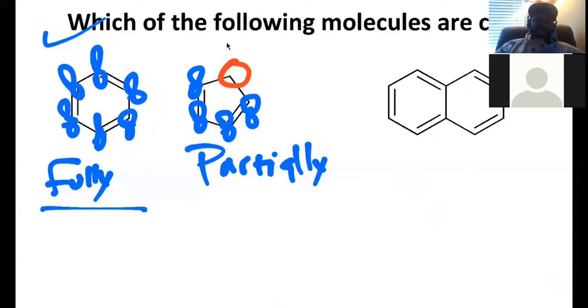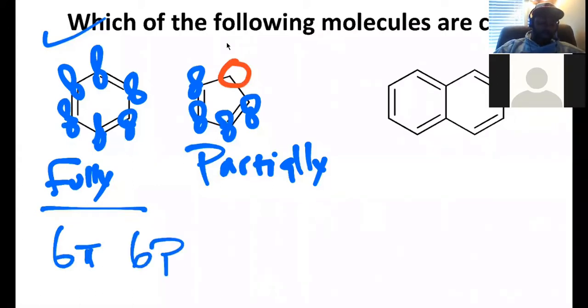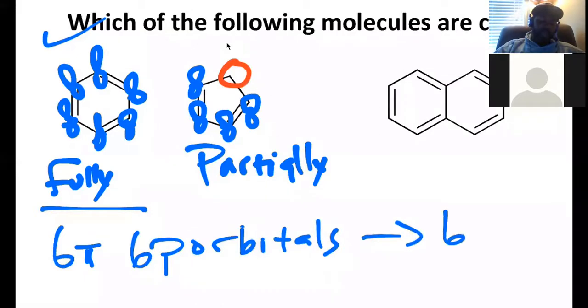No, it'll be 6 pi. It's a 6 pi system. You got 6 p orbitals, and that means you got 6 pi electrons. It's that simple. The number of p orbitals is going to be equivalent to the number of pi electrons, unless you're dealing with a radical, and I'll show you an example of that too. So this will be 6 pi.